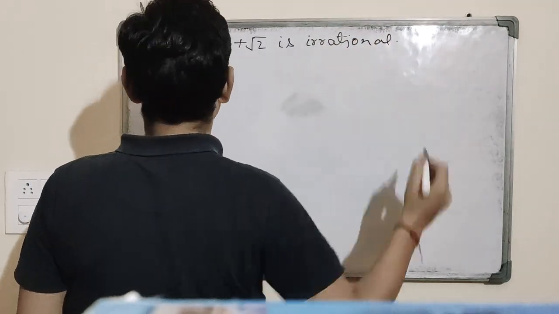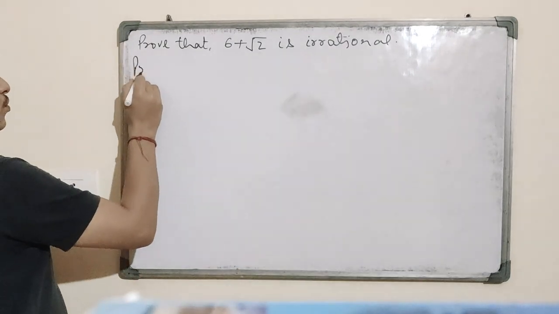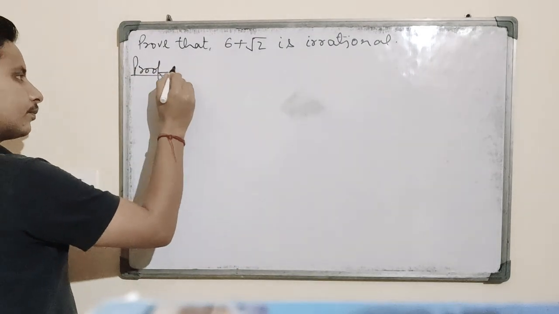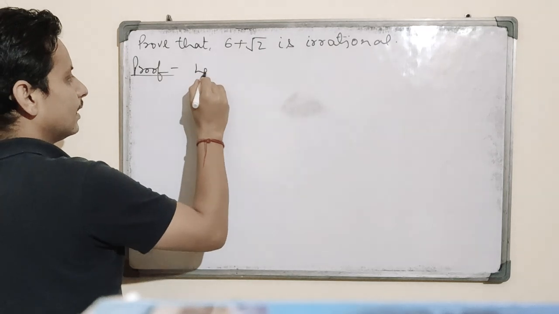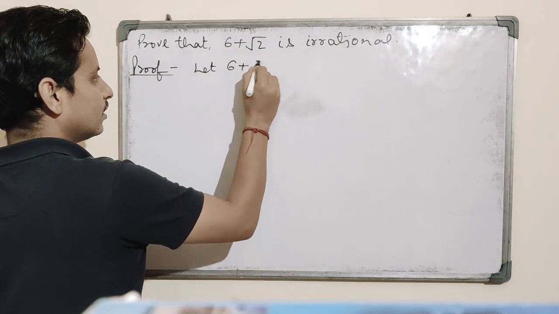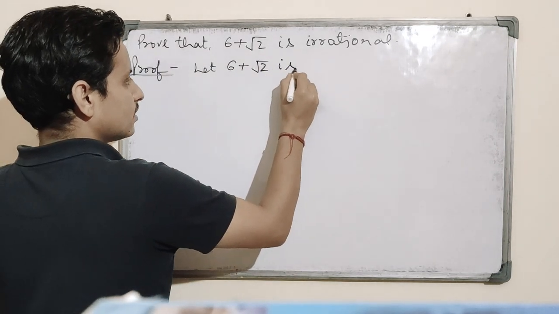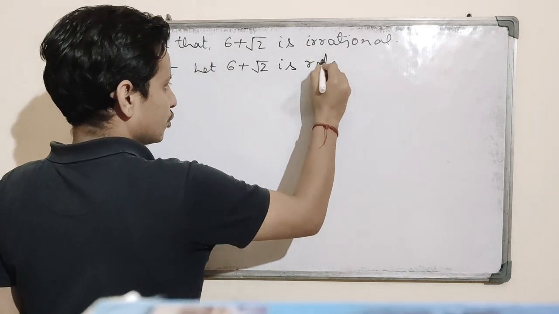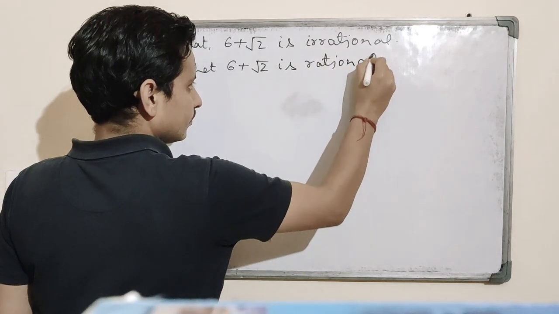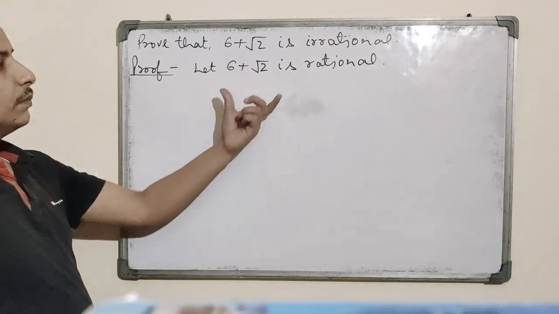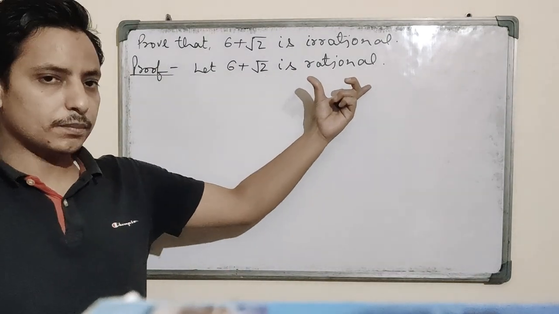So firstly, students, the proof. Let 6 plus under root 2 be rational.